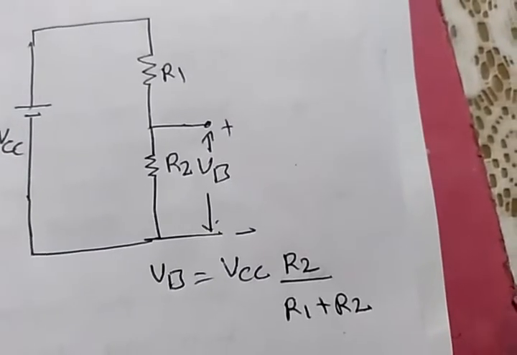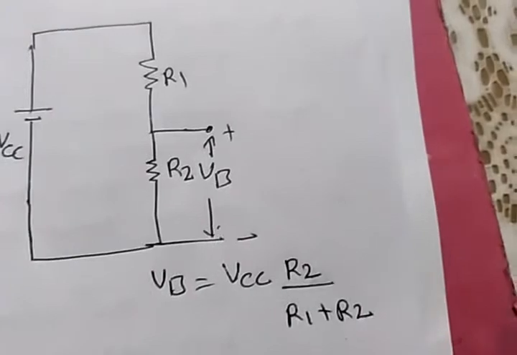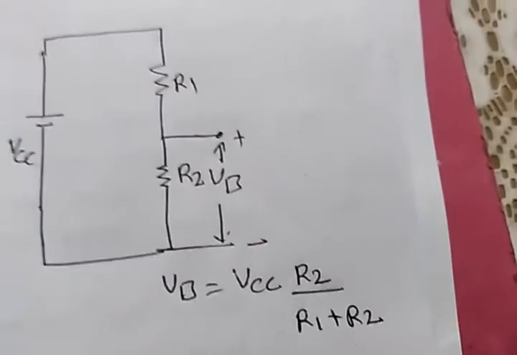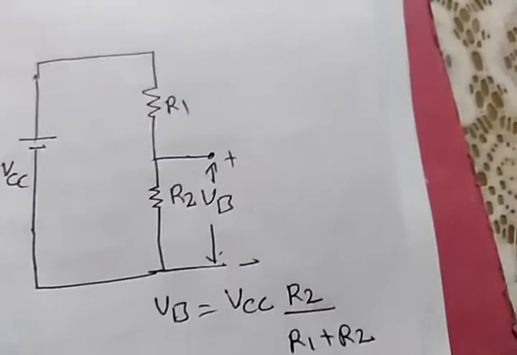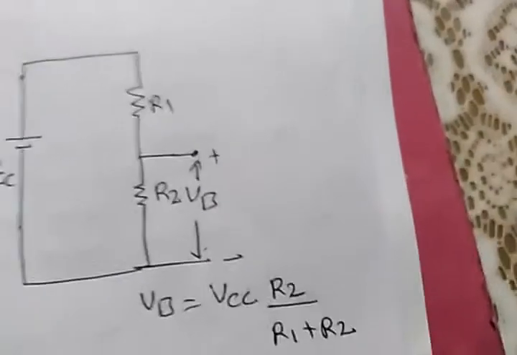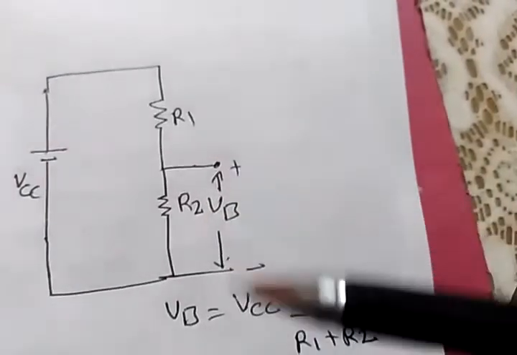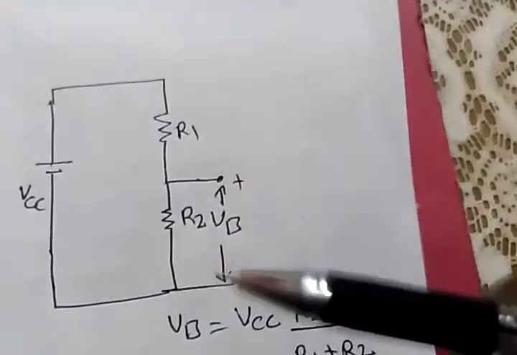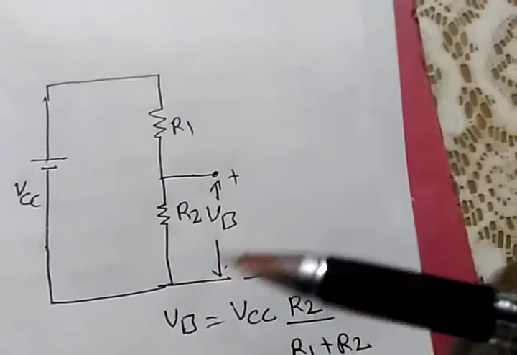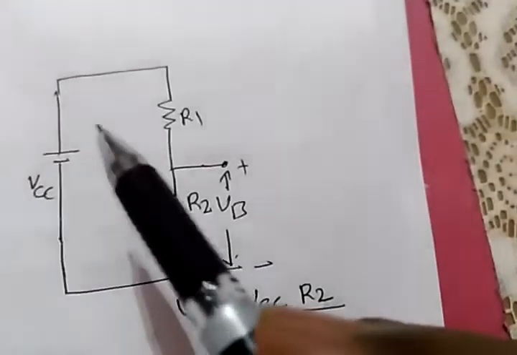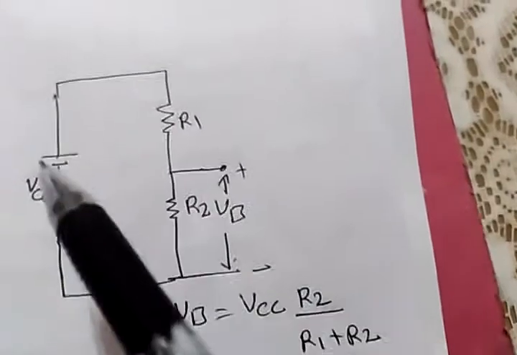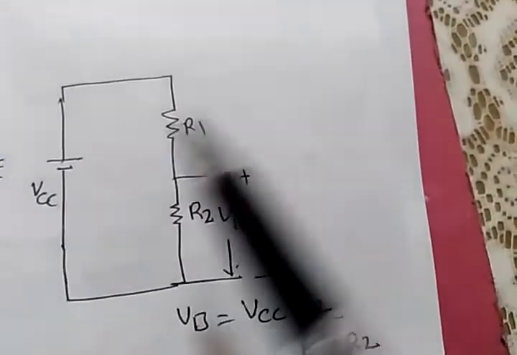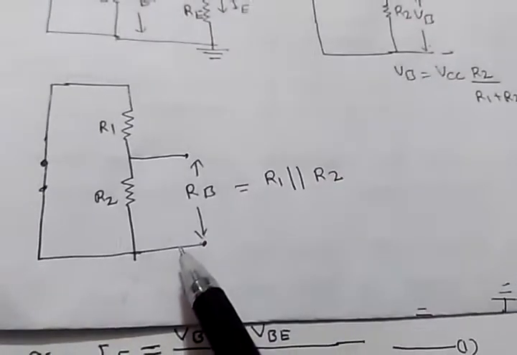Now we have to find the Thevenin resistance RB. Thevenin resistance is the resistance seen between base and ground, and it is calculated by replacing the voltage source equal to 0. So we will short VCC. When we short VCC, then this circuit can be redrawn like this.